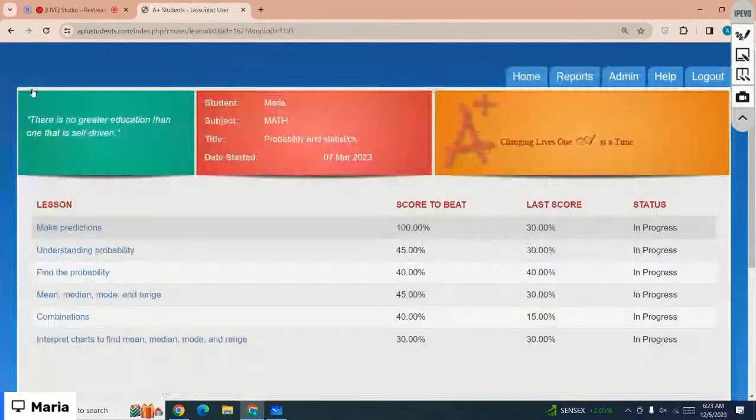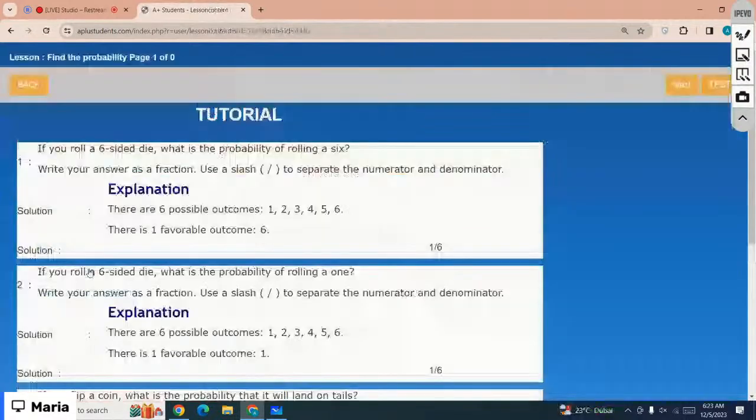Find the probability. Now we are going to see how we calculate the probability, right? If you roll a six-sided die, what is the probability of rolling a six? First you need to understand, when you roll a die, you have six options.